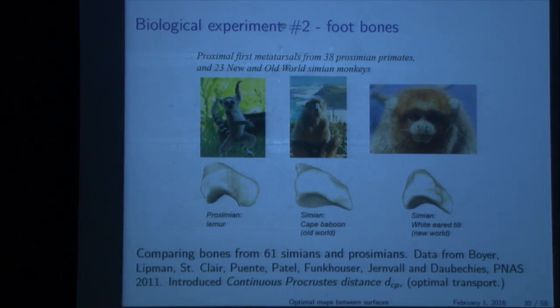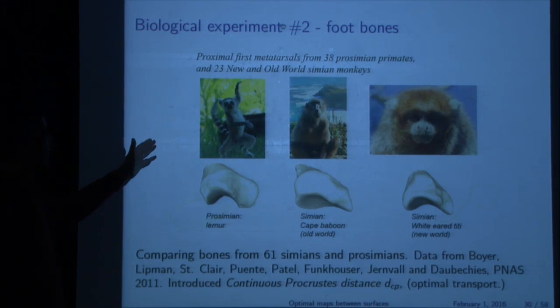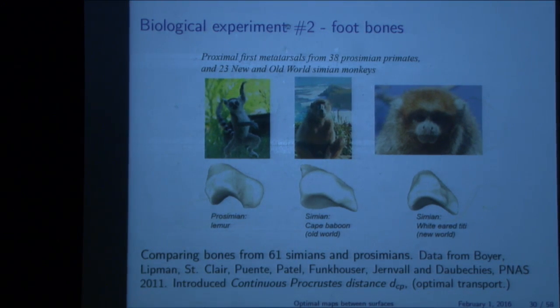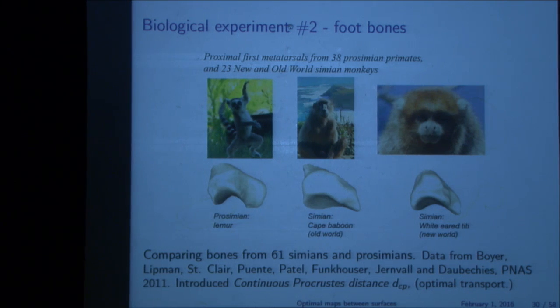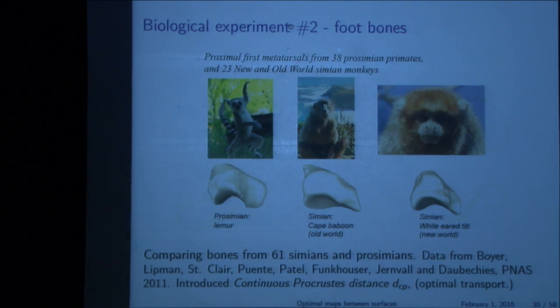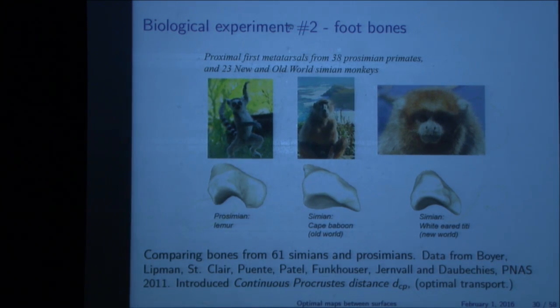So prosimians are things like lemurs and associated primates, and also simians, which were 23 New and Old World monkeys, like baboons. So the idea is you take these topological spheres and we'll assign a distance to any pair, and we'll see how well that distance reflects the fact that they're from the same genus or the same family.